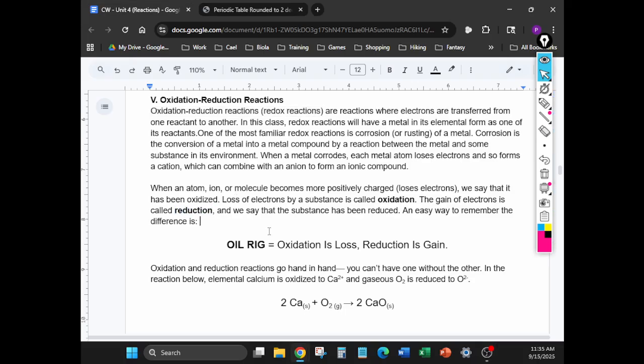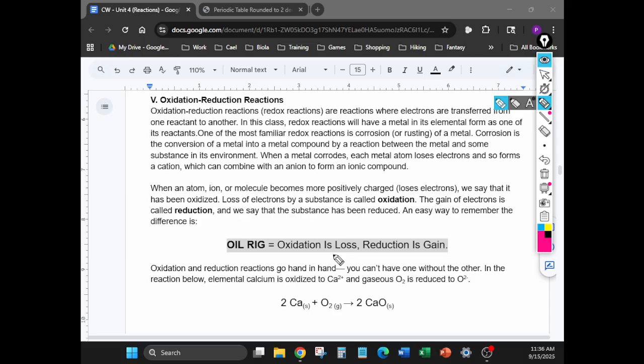Now, before we move on, let's talk about what it is. And the easiest way I think to remember it is through this acronym OIL-RIG. Oxidation is loss, and so whatever compound or element is losing electrons is said to be oxidized, and if it is gaining electrons, we say that it is being reduced. Okay, so let me just do a little bit more explaining with this.